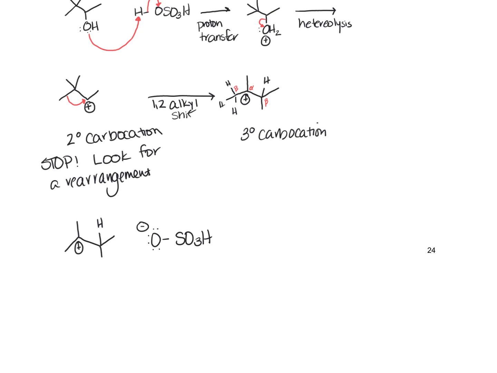So this molecule comes in, that conjugate base of the sulfuric acid, it's going to steal the proton. When it steals the proton, those electrons go down and make a double bond. All right, and so there's one of our products, and that's where we found that beta hydrogen.